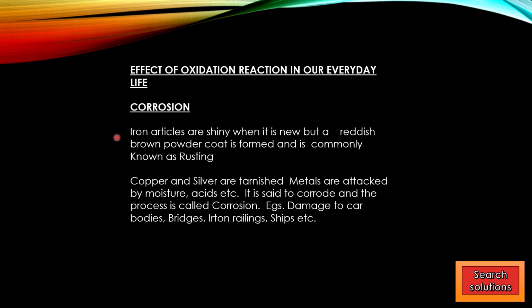Corrosion is about different materials, metals like copper, silver, and all those things, which are attacked by moisture and acids. Rusting refers to the reddish brown powder coating which is formed on iron when it is exposed to the atmosphere or a moist atmosphere.